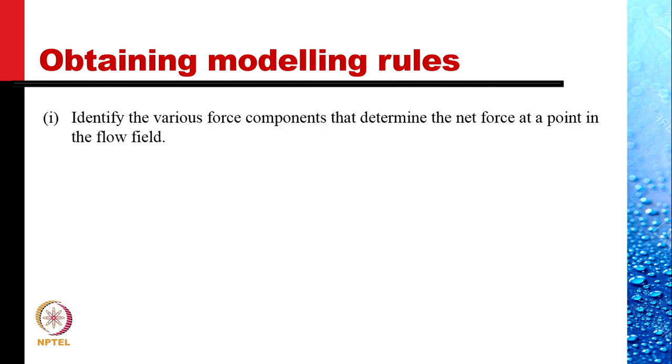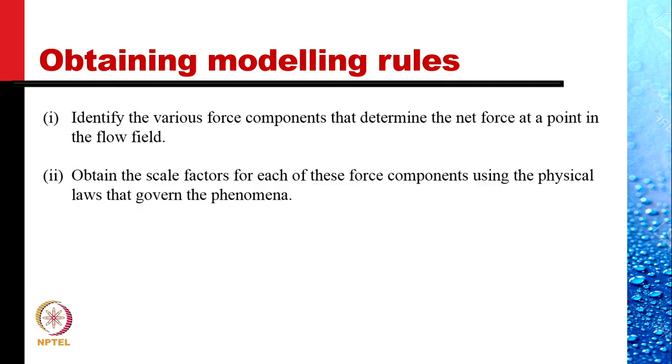The process that we outlined for obtaining the modeling rules consisted of identifying the various force components that determine the net force at a point in the flow field, then obtaining the scale factors for each of these force components using the physical laws that govern the phenomena.